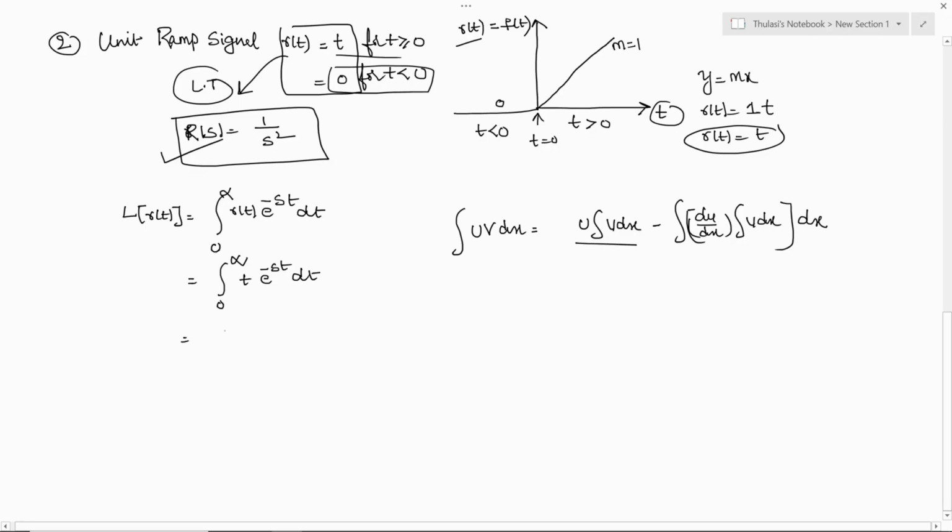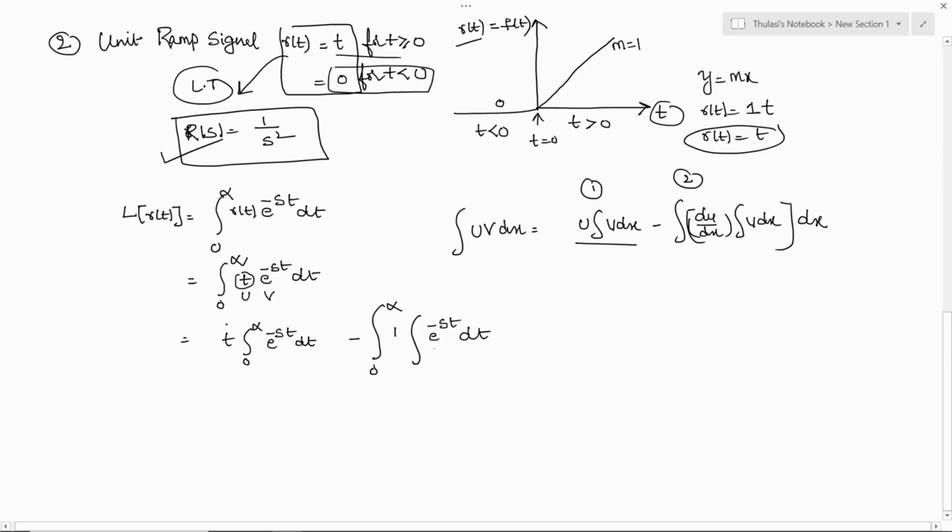This is the u value and this is the v value. It's nothing but t into the integral from 0 to infinity of e to the power minus st dt is the first term, and this is the second term. So I am going to write it as minus the integral from 0 to infinity. The differentiation of dt by dt is nothing but how much? 1. So 1 into the integral of v dx, which is e to the power minus st dt. So this is what we are going to get.